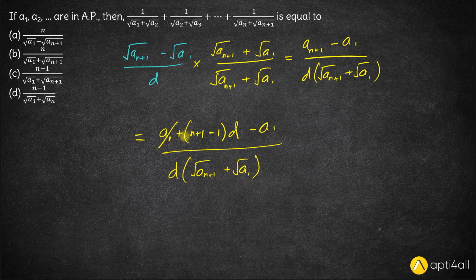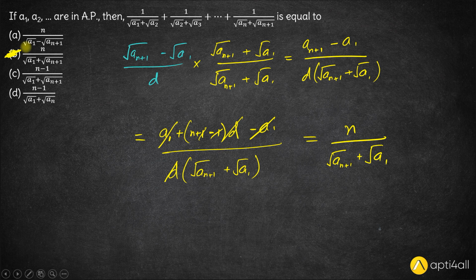Okay, so a1 minus a1 cancels out, d gets cancelled out and 1 gets cancelled out. In the numerator we only have n remaining, and the denominator becomes root of a(n+1) plus root of a1. So this whole thing can be simplified as this, which is option B.